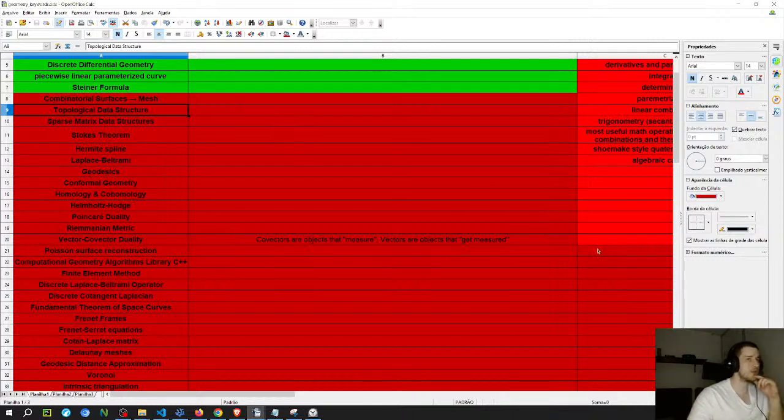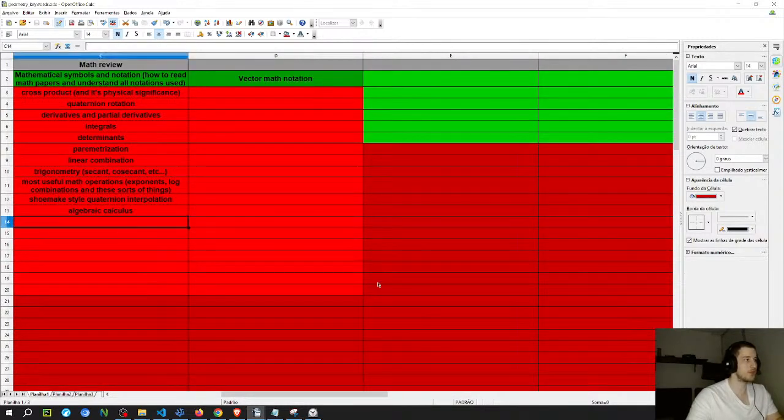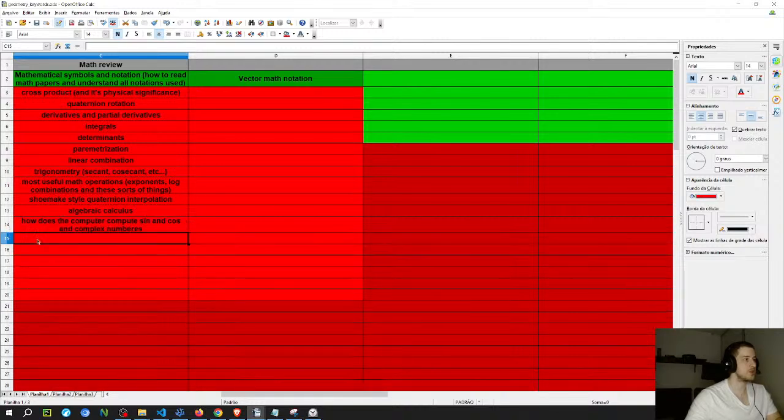But also, I'm gonna put here to study, because this is always something that has been very confusing to me: how does the computer compute sine, cosine, and complex numbers? Because I know that a complex number is just going to be a data structure, so it's a class. But when it comes to the actual physics, it's interesting for me to think about how does this work?